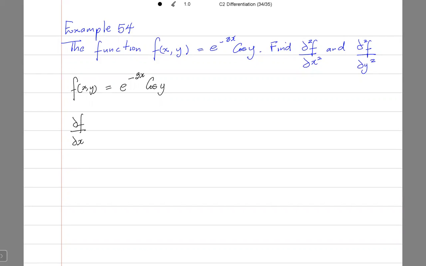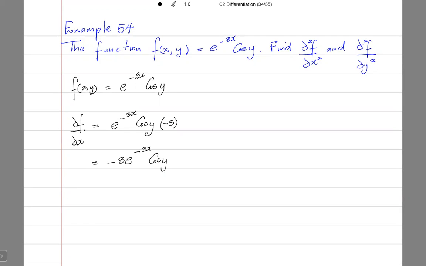You're going to treat y as a constant. So this is going to be e to the minus 3x, the cosine of y, and then you've got to multiply by the differential of the inside function, which is minus 3x. When you differentiate minus 3x, you get minus 3. So this is minus 3 e to the minus 3x, the cosine of y.